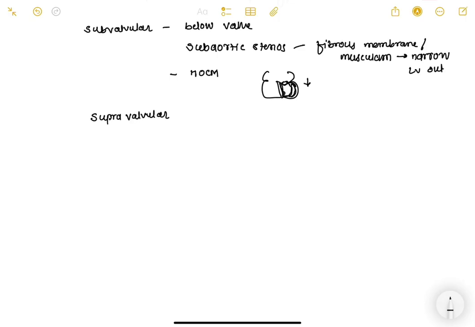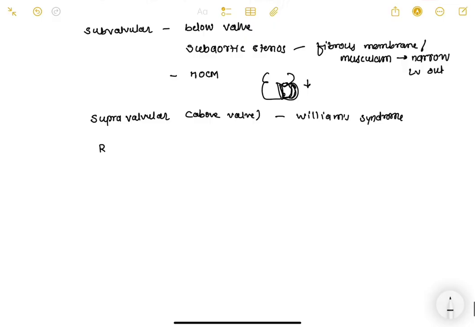Then there is supravalvular, that is above the valve, which comprises Williams syndrome. There are a few rare causes, that is radiation induced, CKD and inflammatory conditions.